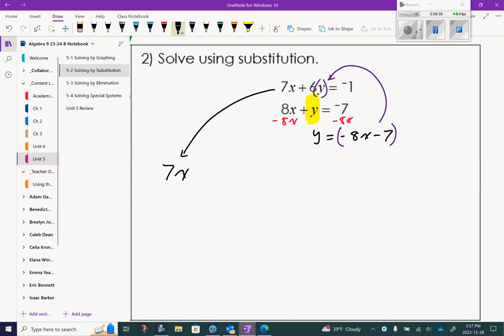So this becomes 7x plus 6 times negative 8x minus 7, and everything else stays the same. Now again, a quick check: in my equation here, I've got an x, and I've got an x, and I don't have any y's anymore.